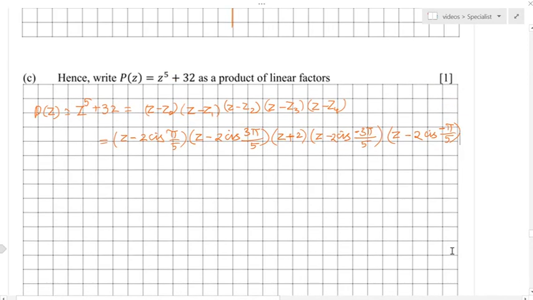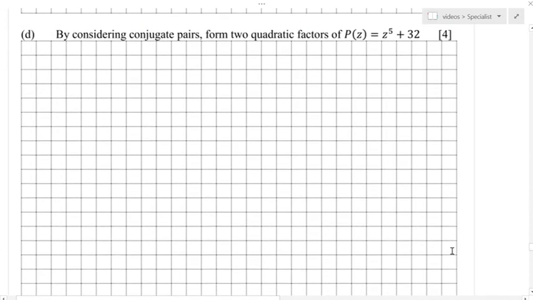Let's move on to the next question now. Next part, you got these 5 roots, well and good. Now it says, considering the two conjugate pairs, form 2 quadratic factors of z^5 plus z^2. So we had 2 conjugate pairs there.